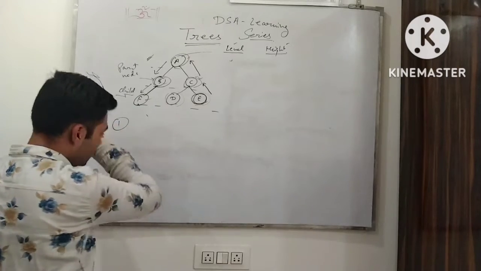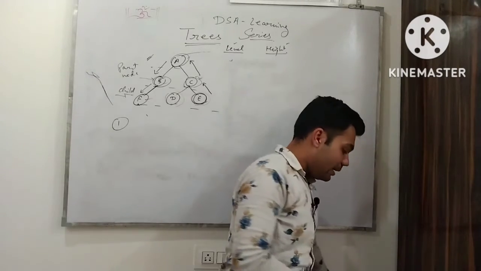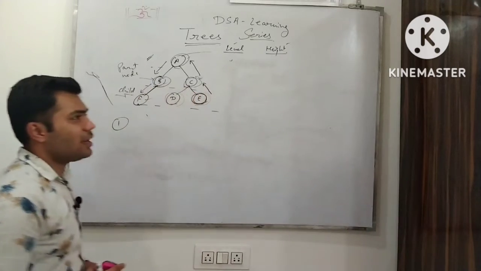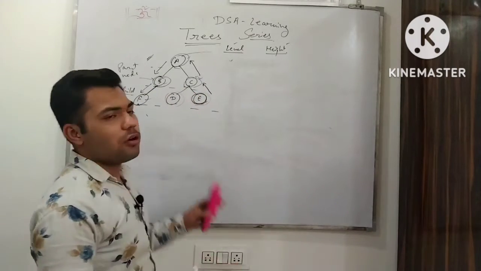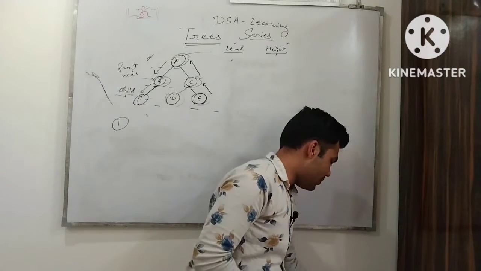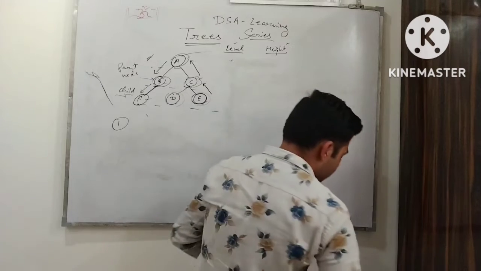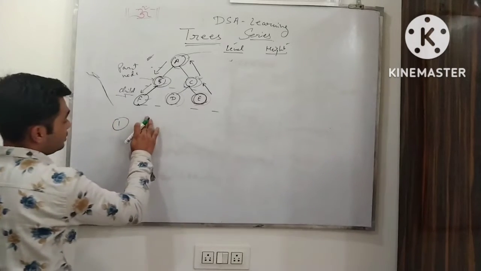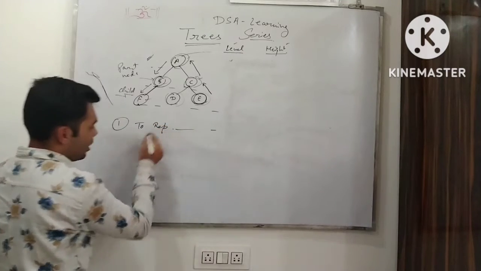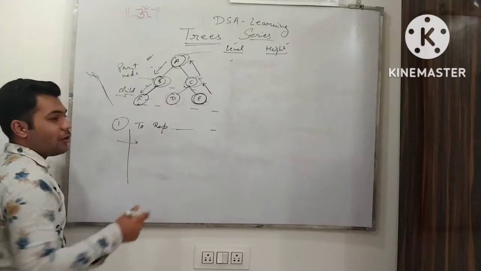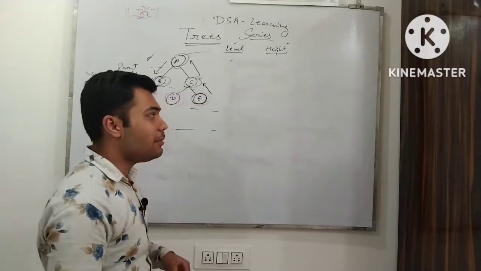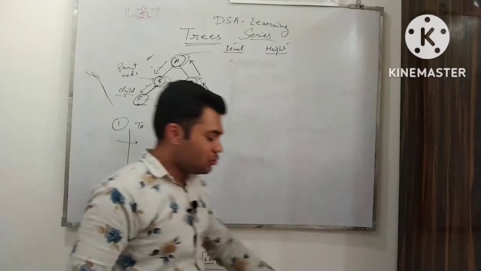First of all, to represent the hierarchical structure of the data. All the data which is stored is in the form of trees and graphs. Okay, so this is the main basic feature of the tree. To represent the hierarchical data, for example in organizations, with the help of Excel sheets, B and B++, these are all uses.